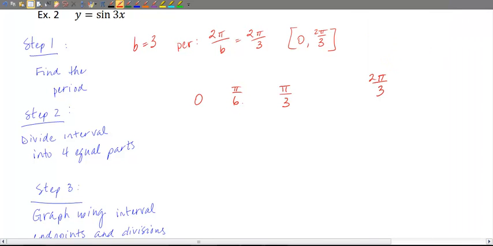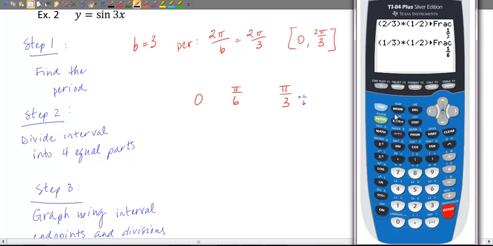Now what is this telling me so far? We have this extra blank, but what do I know? I know that each time I move on my intervals here, I am going to be adding 1/6. So from 0 to 1/6 is, I'm adding 1/6. So I'm going to come back to 1/3, and I'm going to add 1/6 on my calculator.